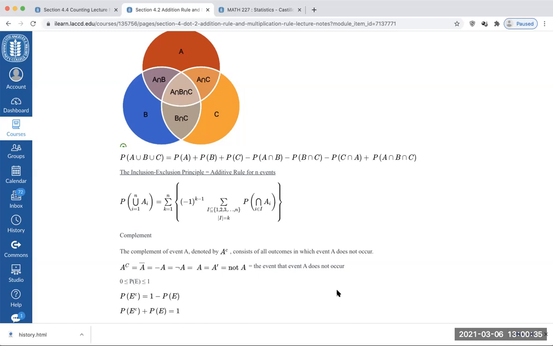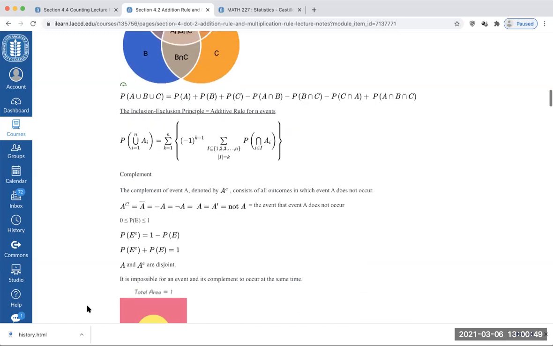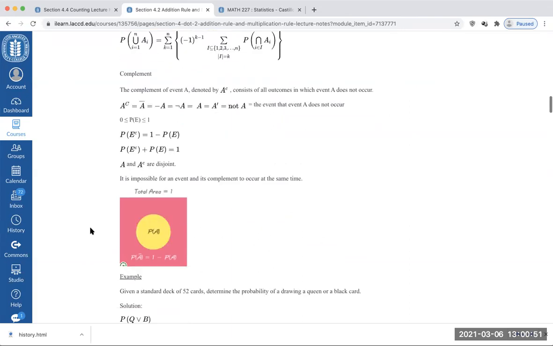As we've seen before, the probability of E is always between 0 and 1. The probability of the complement of E is 1 minus the probability of E. The probability of the complement of E plus the probability of E is just 1. Well, now I switch to A's. A and the complement of A are disjoint.